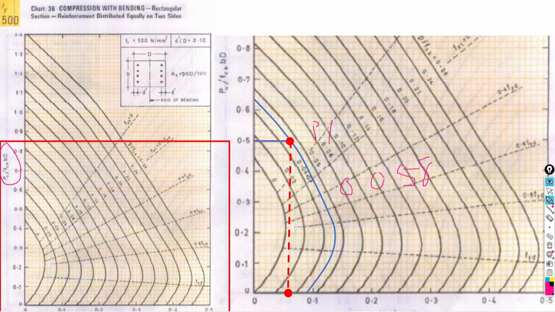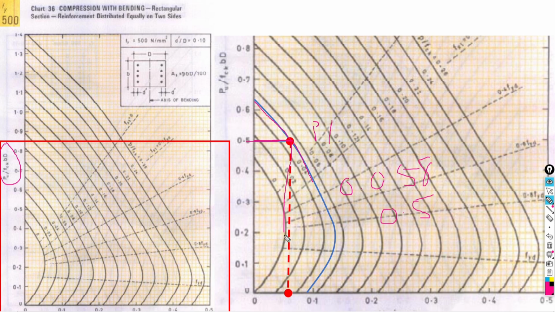Okay. So almost it is close to what, I am going to consider 0.5 to be on the safer side. So it is between 0.4 and 0.6, 0.04, 0.06. So it is coming in between. That's why I have taken one more chart in between, and it is 0.508, so it is going to become 0.5.